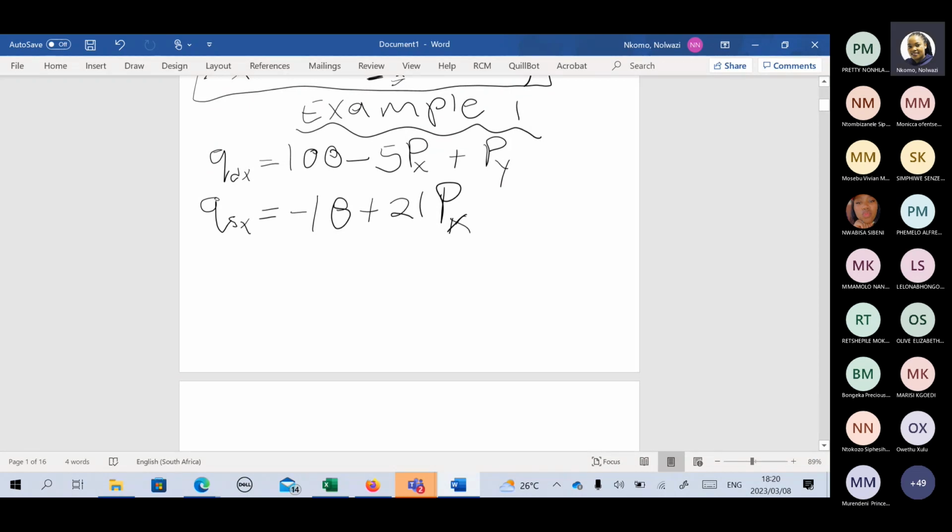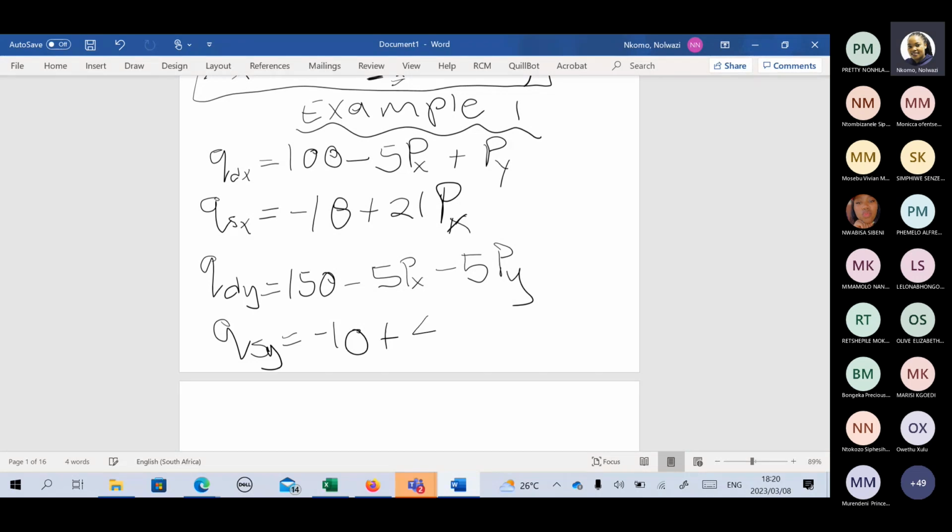And then we are given again the demand and supply function for good Y, given that X is the substitute, as Qdy equals 150 minus 5x minus 5y, and Qsy equals minus 10 plus 45py.